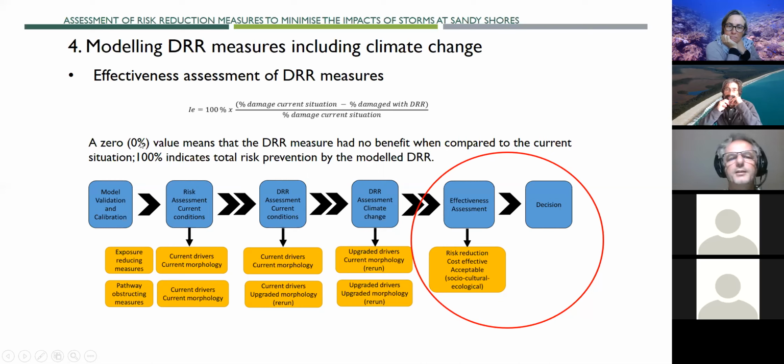A 0 means that there was no benefit at all from using the disaster risk reduction measure, like a beach nourishment, for instance, when compared to the current situation. 100% will indicate a total risk prevention by the measure. So this is a very simple approach that we can use after modeling both situations.